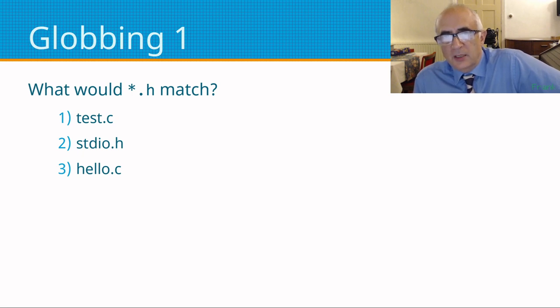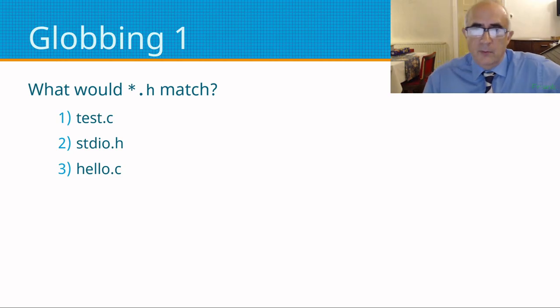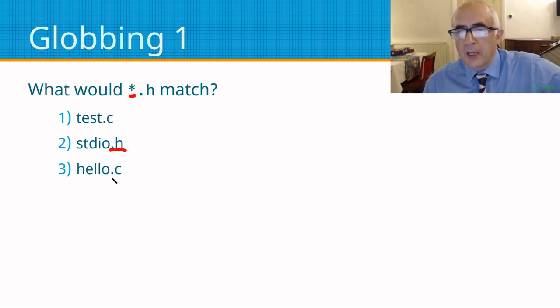Well, it's not going to match test.c because that's got nothing like it. stdio.h? Yeah, it probably would, because it doesn't care. This is a load of don't care, but as long as it ends in a .h, that's a good one. What about hello.c? That begins with an h, but no. There doesn't have to be characters before it, but there has to be a dot before the h, and then no more characters, so it's not going to match that one.